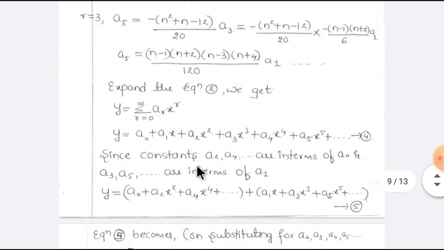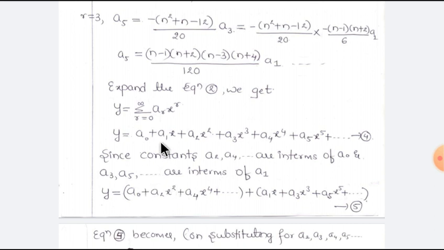Since the constants a2, a4 are in terms of a naught, I already told you a2, a4, a6, a8, the even numbers, are multiples of a naught, and the odd numbers a1, a3, a5, a7 and so on are multiples of a1.